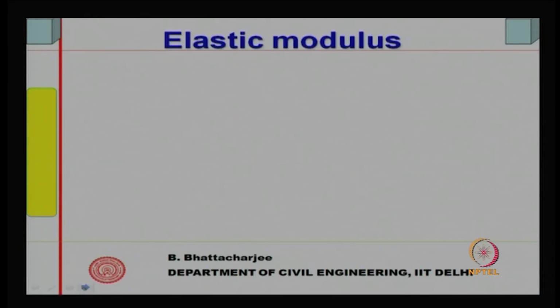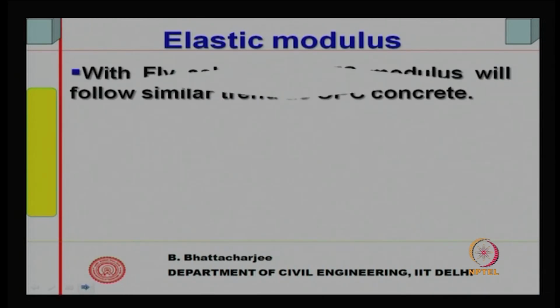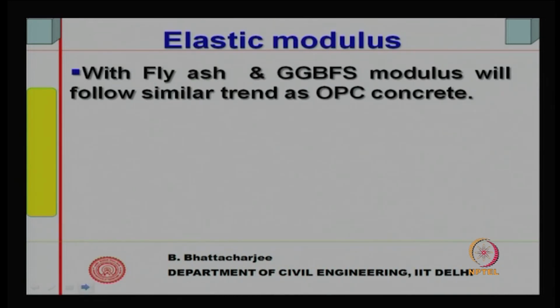So, strength wise, this is the relationship. Now, if you look at other mechanical properties, most of them are related to compressive strength. If you recall, E, the modulus of elasticity, perhaps we have not talked about so far. It can be shown that modulus of elasticity is proportional to the square root of cube strength or cylinder strength of concrete.